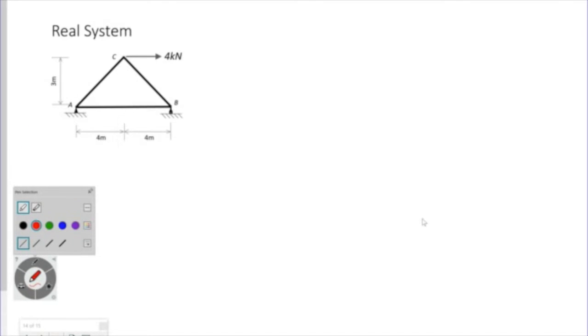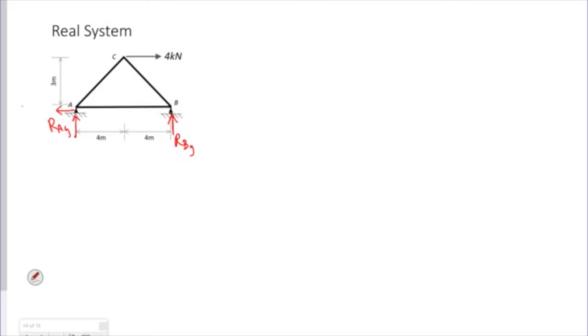I have a reaction at B in the Y direction, a reaction at A in the Y direction, and I'm probably going to have one going that way at A.